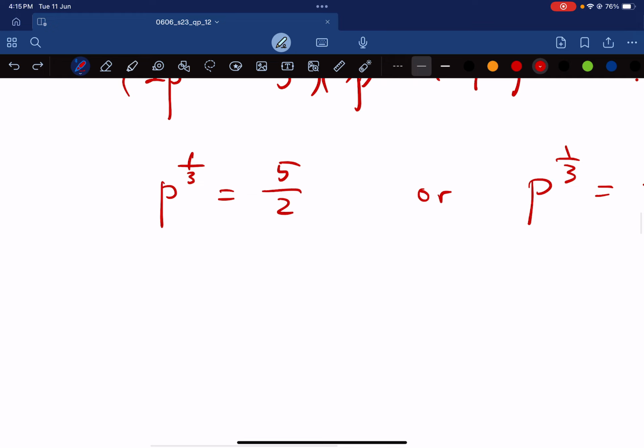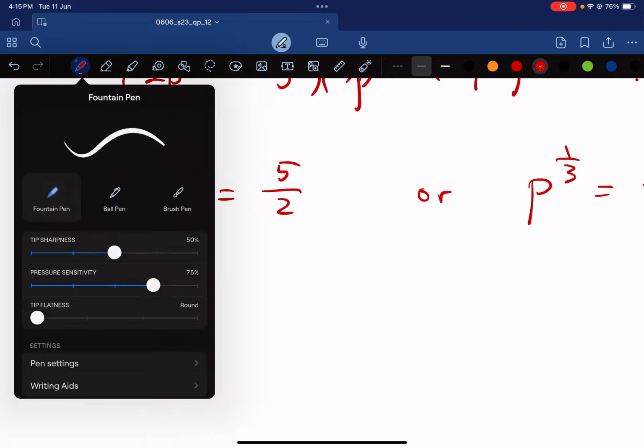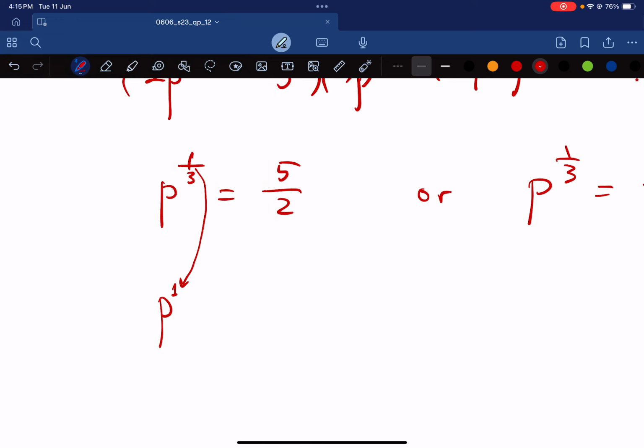So we raise to the power of 3 on both sides. Why do we raise the power 3? Because now our target is to find p. P means p to the power of 1, right? How do we change the power from 1/3 to 1? You times 3. 1/3 times 3 is 1. How do we multiply power?